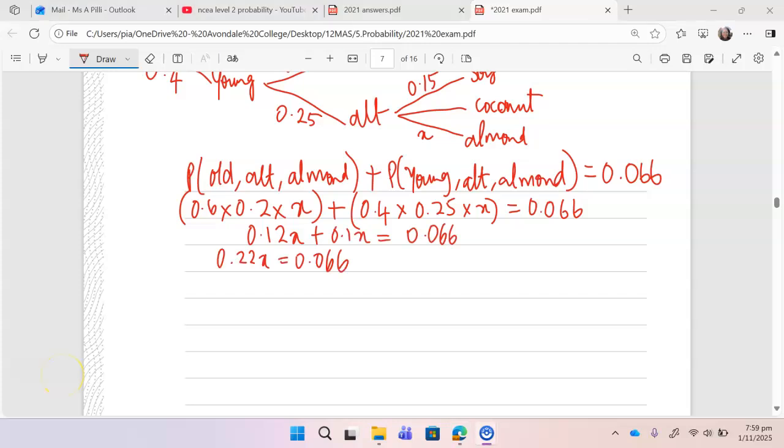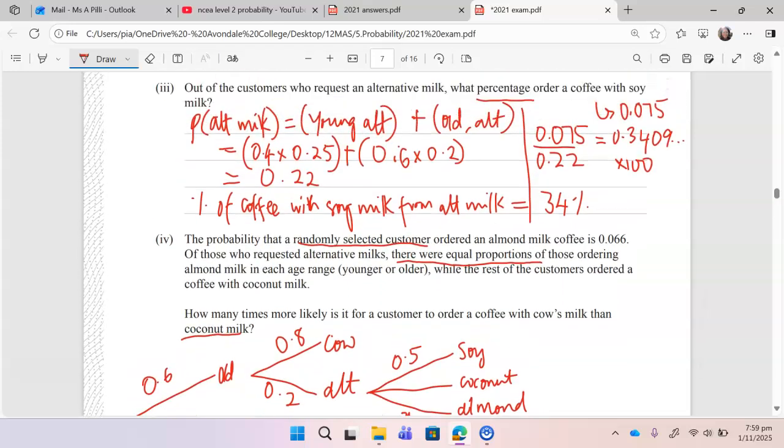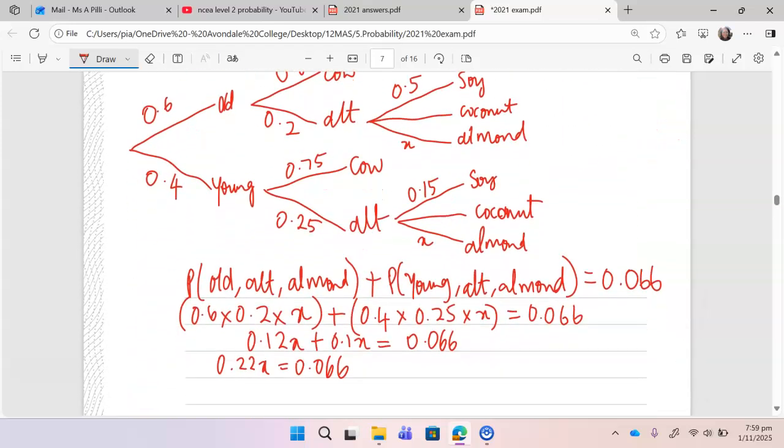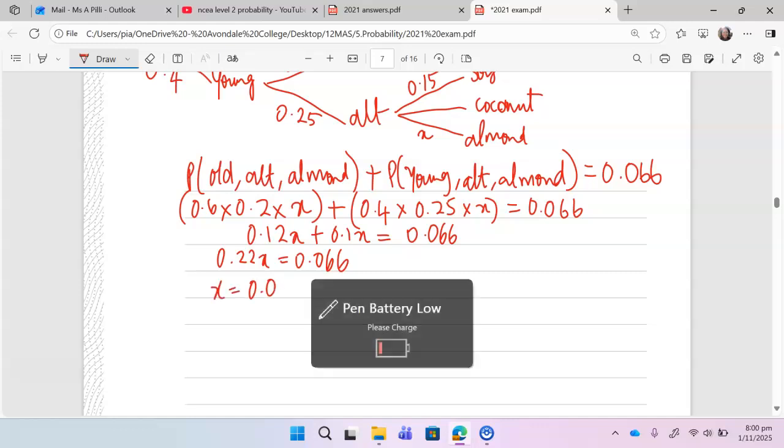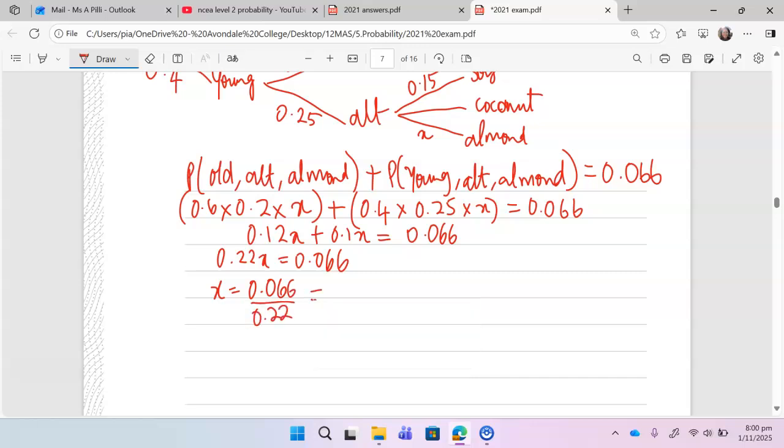Just realized that I didn't have to work it all out because we already knew that the proportion of alternate milk was 0.22 from the previous question. But anyway, so almond milk is simple algebra, divided by 0.22, which gives us 0.3.